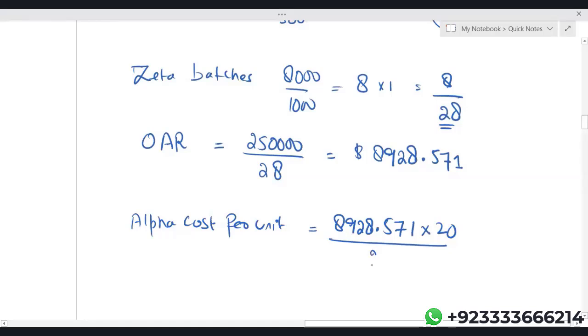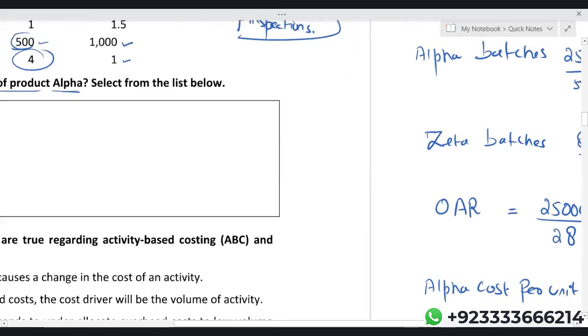Then divided by 2,500 units of Alpha will give us the inspection cost per unit of Alpha. So 8,928.571 multiplied by 20 divided by 2,500. Students, I'm getting 71.428. If you're not getting the exact answer in the multiple choice options, then obviously we'll go to the nearest one. Let's see.